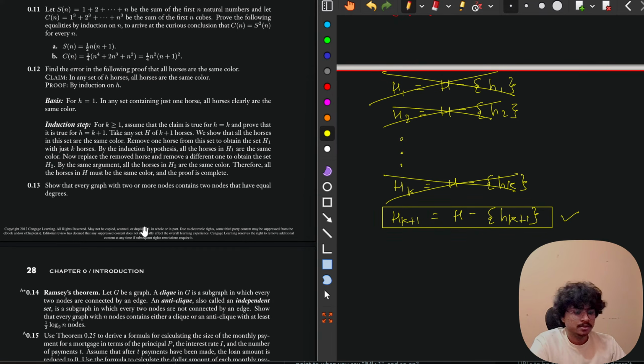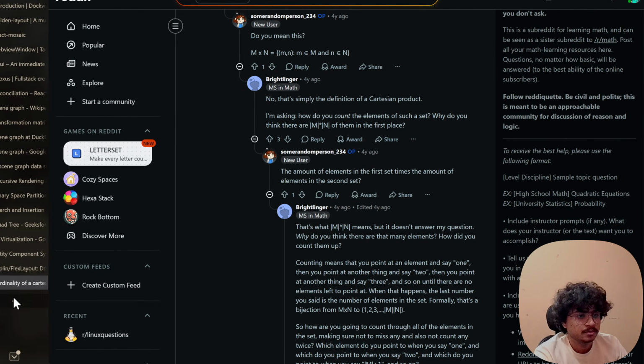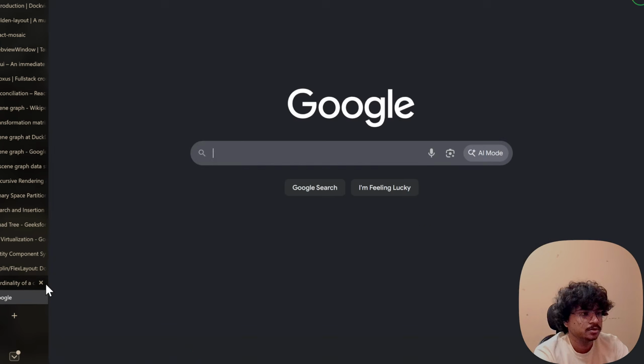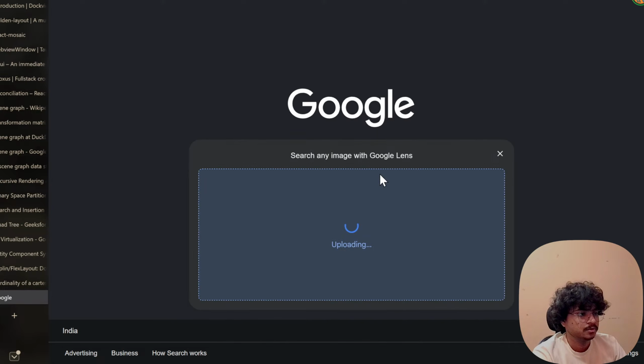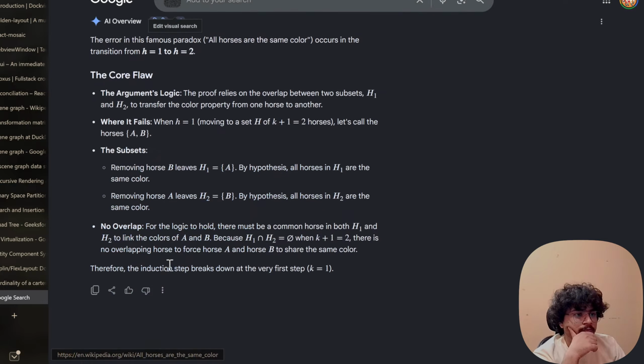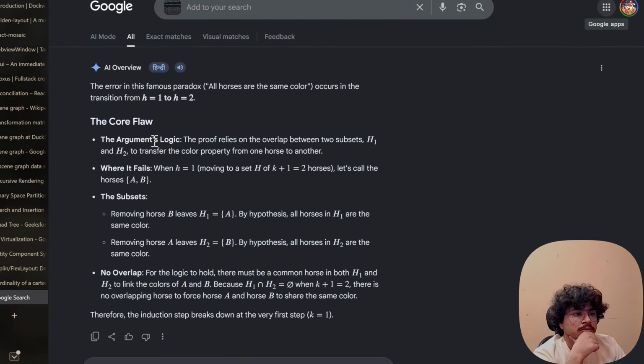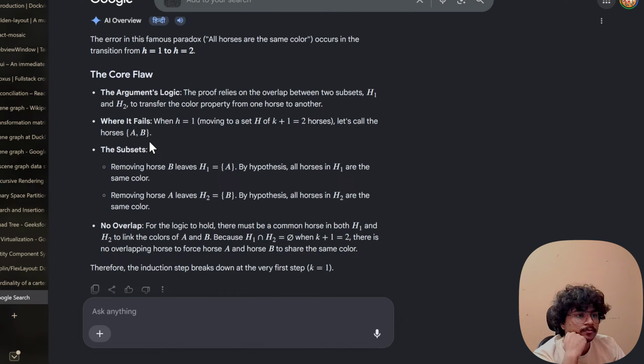Let's search this question online. Google.com. Can I simply paste? No. The proof relies on the overlap between two subsets H1 and H2 to transfer the color property from one horse to another. When k equals 1, moving to a set H of k plus 1 is two horses.